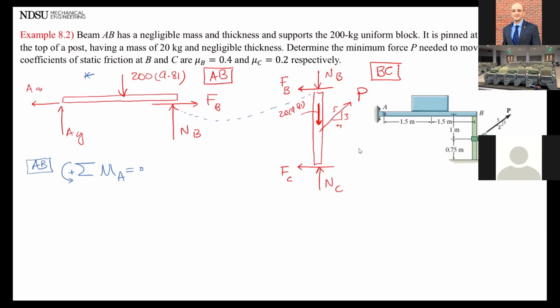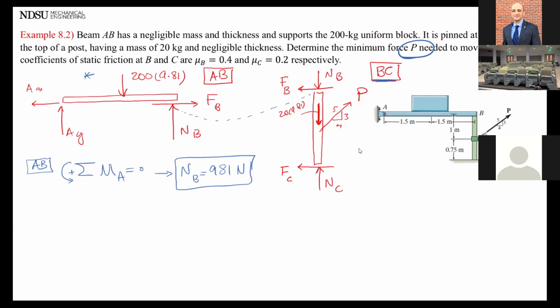FB goes through it. AY, AX, they all go through it. So we only have 2 forces remaining. From here, I get NB of 981 newtons. Okay. All right. So the goal, remember, the goal is to find force P. So eventually, we have to use this free body diagram BC.